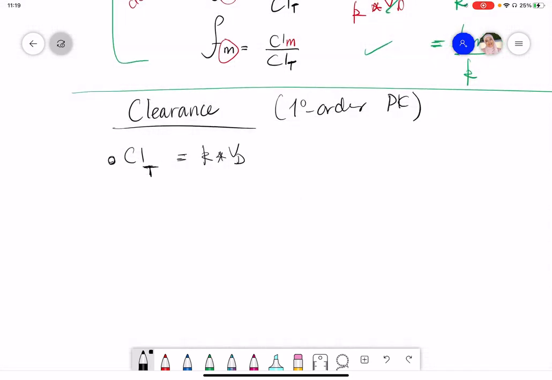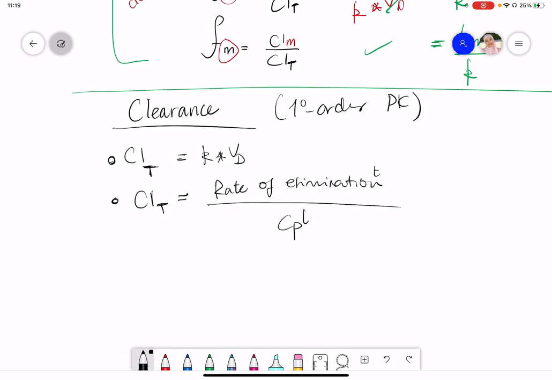Another way of determining the clearance is by knowing that the total clearance would be equal to the rate of elimination at certain time over the measured plasma concentration at certain time.